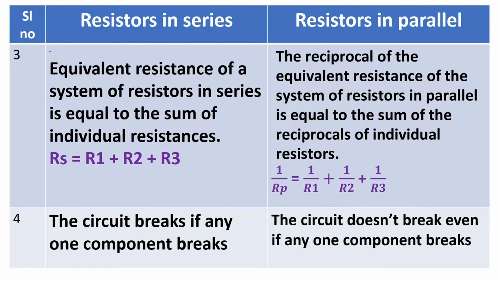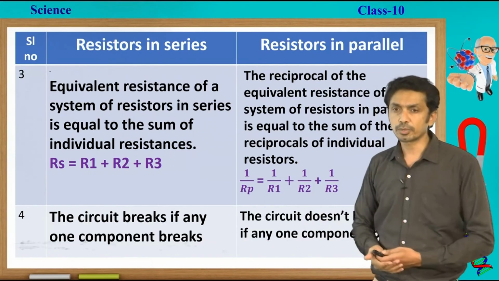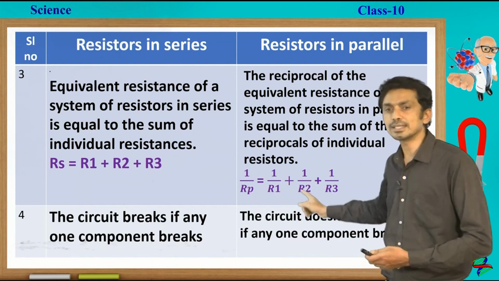In the same way, the total equivalent resistance for the resistors in series is Rs is equal to R1 plus R2 plus R3. That means the total resistance is equal to the sum of individual resistances when they are in series. In the same way, for resistors in parallel, the reciprocal of the equivalent resistance of the system is equal to the sum of the reciprocals of individual resistances.